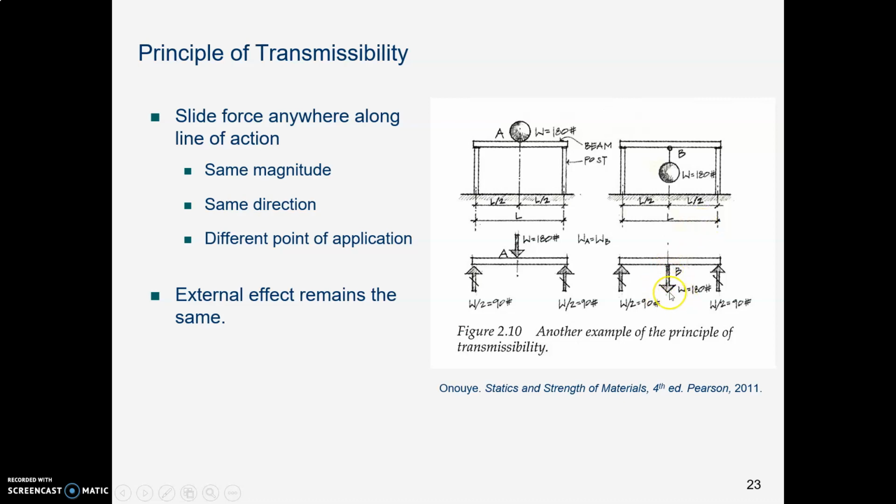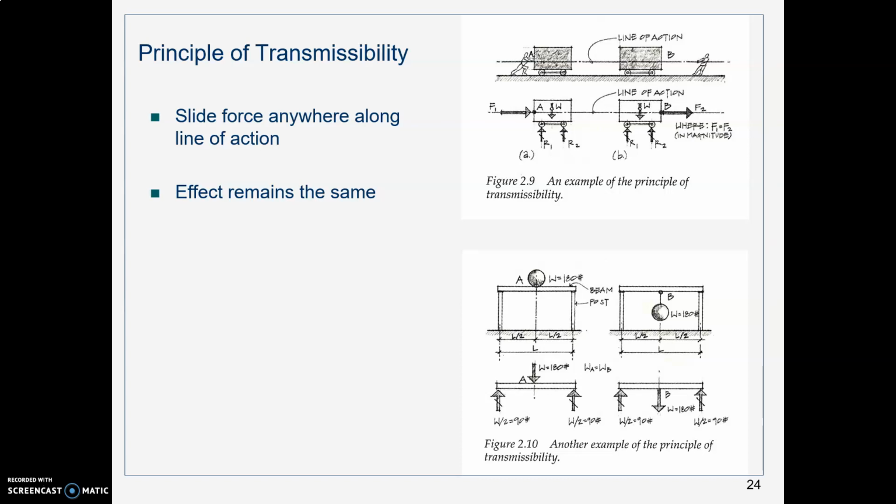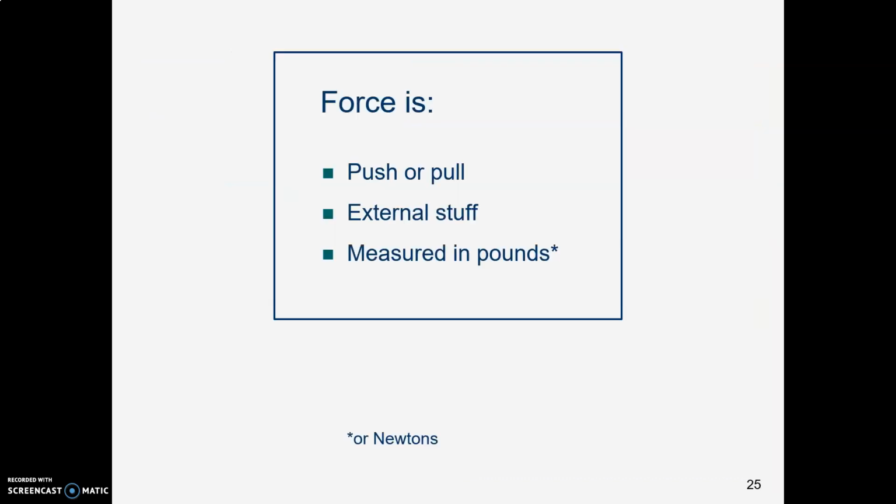So here at the bottom is a diagram of that force coming off the bottom of the table. Same effect. So that's the principle of transmissibility. You can slide a force anywhere along the line of action and you get the same effect.